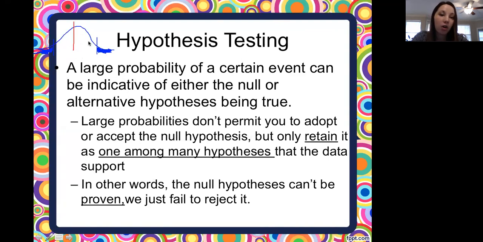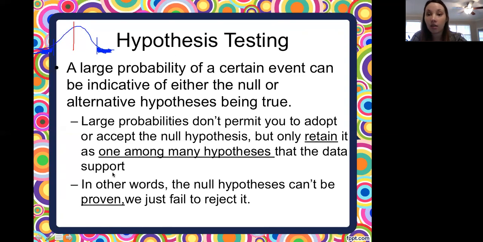So when our data fall in the middle of the bell curve like this, we retain the null hypothesis. So let me say that again. When our data fall in the middle of the bell curve, we retain the null hypothesis. When our data fall on the extremes in the shaded region, we reject the null hypothesis.